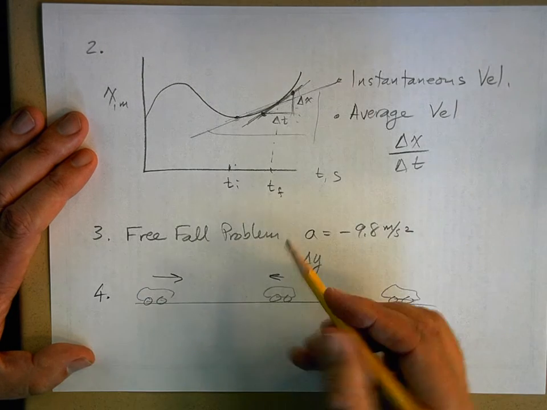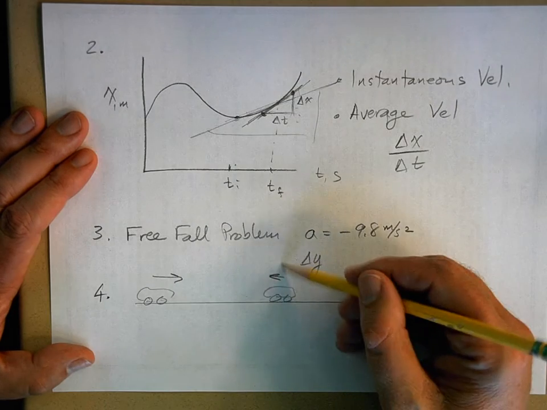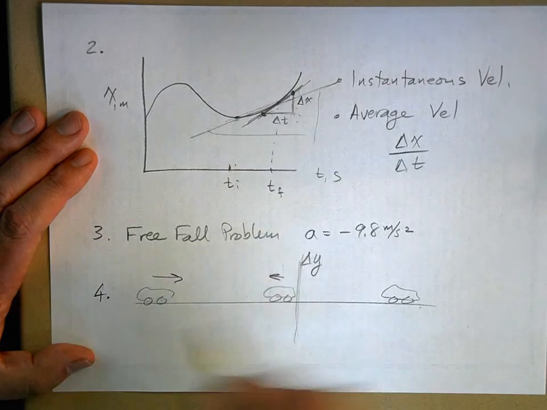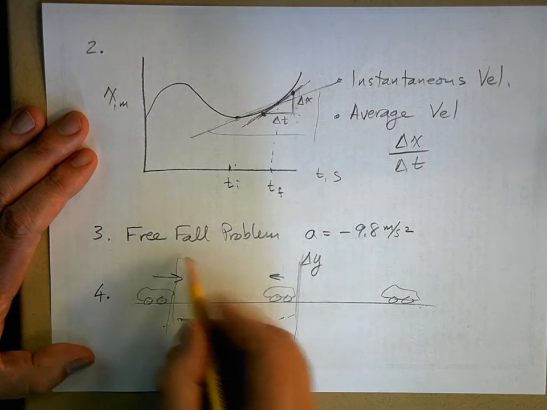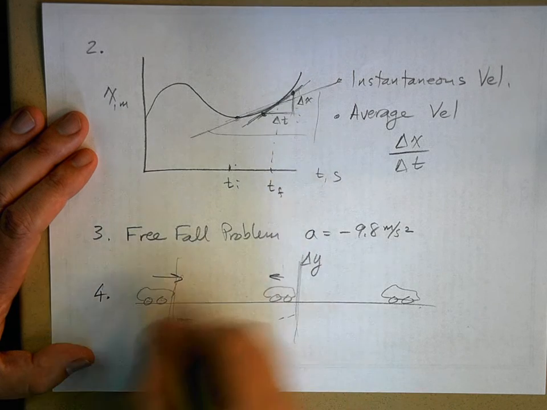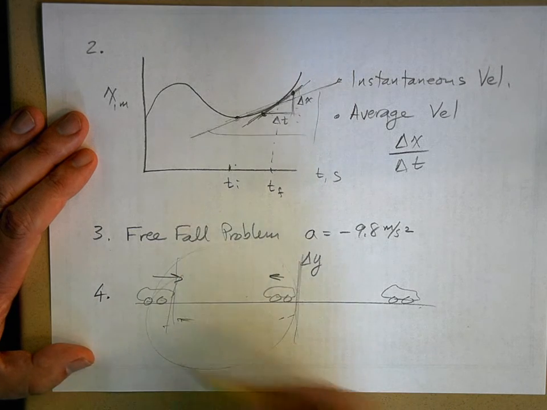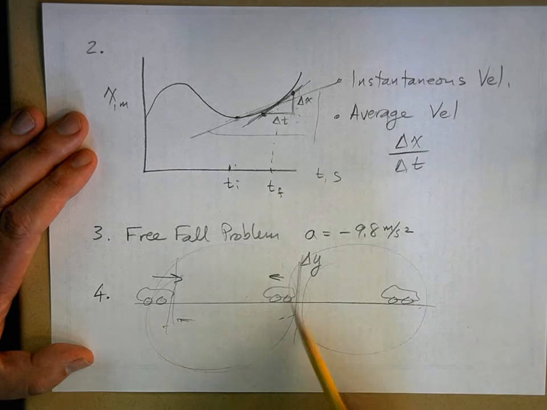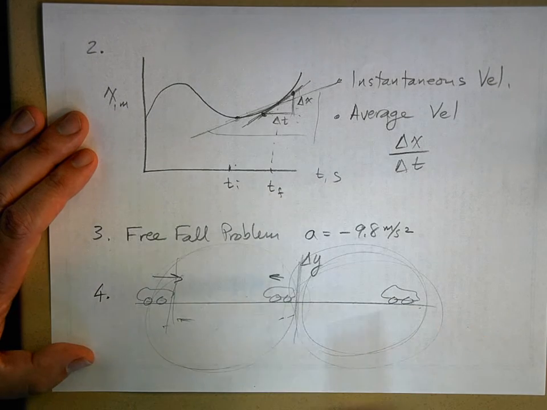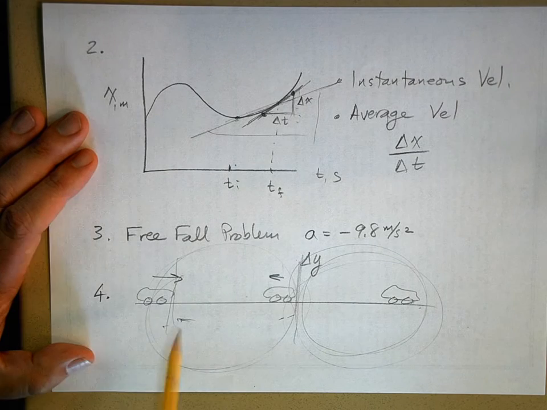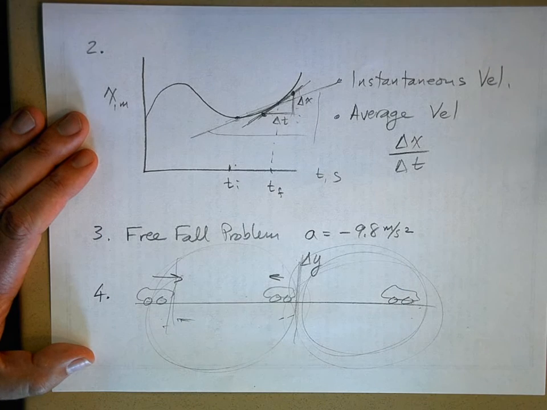Now what you have to do is divide this problem into 2 sections. So between here and here, the car is accelerating. So you can use the kinematic equations for this time, and then you can use the kinematic equations for this time, the amount of time from here to here. But you can't use the kinematic equations for the whole thing. You have to break it up into 2 problems.